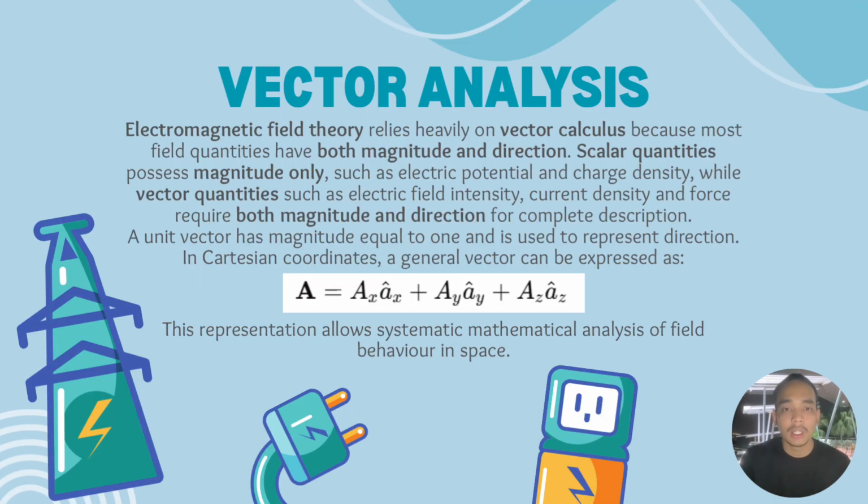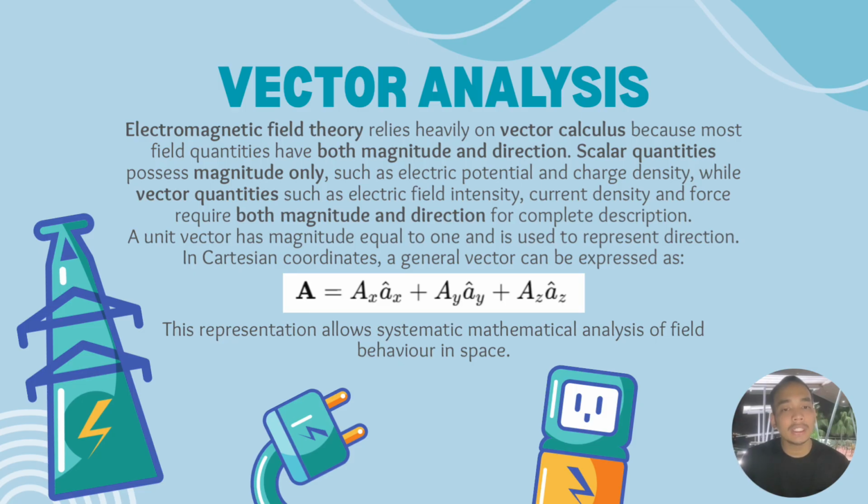Next, vector analysis. Electromagnetic field theory relies heavily on vector analysis because most field quantities have both magnitude and direction. Scalar quantities such as electric potential have magnitude only, while vector quantities like electric field intensity require both magnitude and direction.